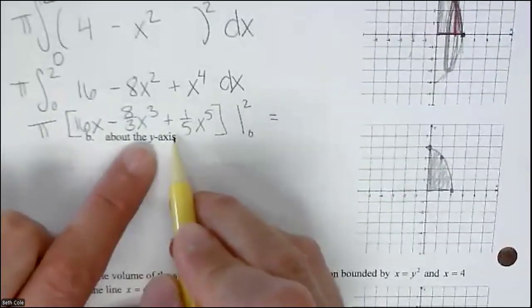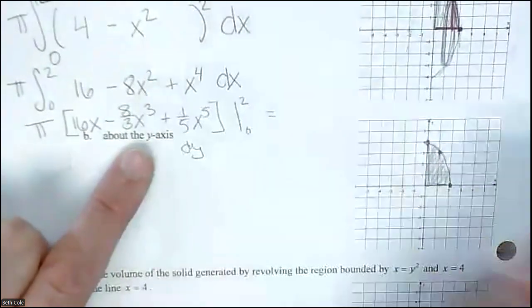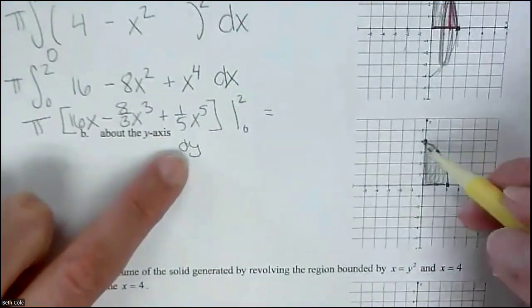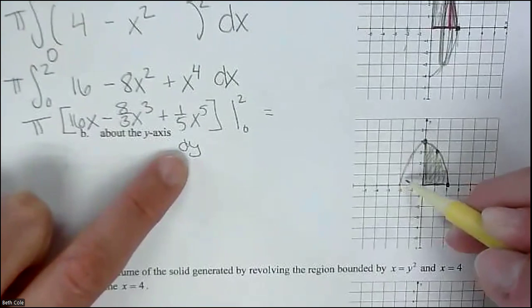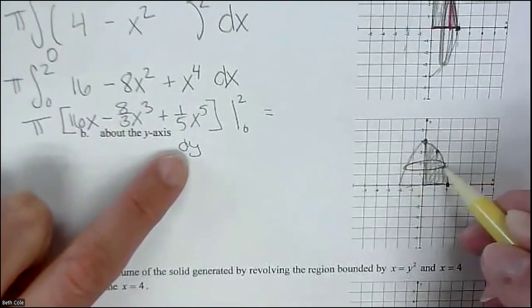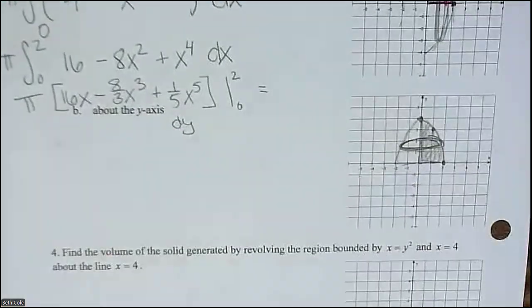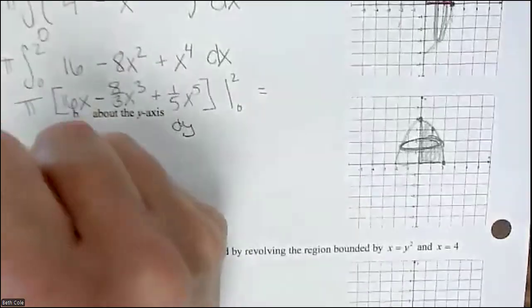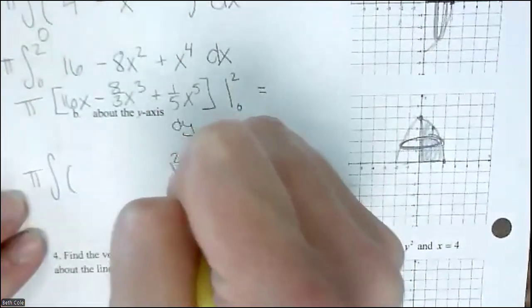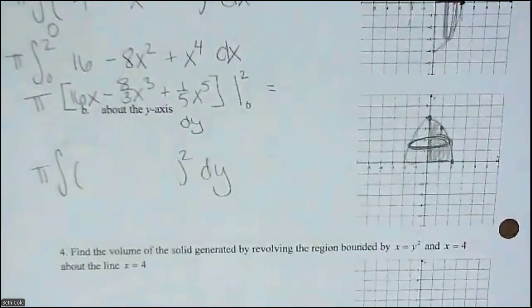Now this one, we're going to spin it around the y-axis. So this is going to be a dy problem. You're going to draw your ghost shape over here. So go ahead and set it up blank. Pi r squared dy.